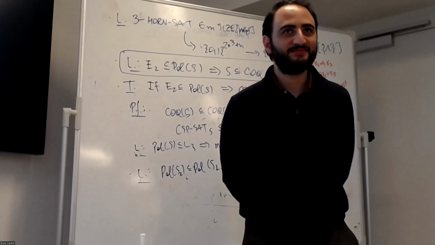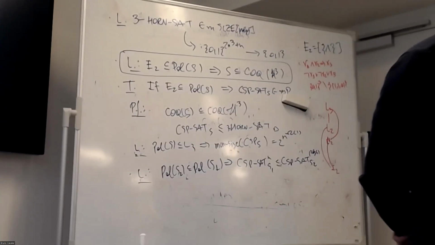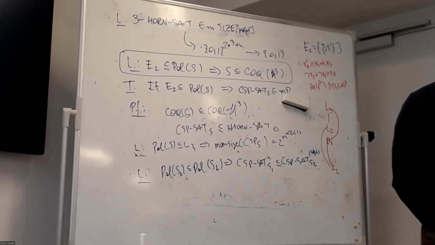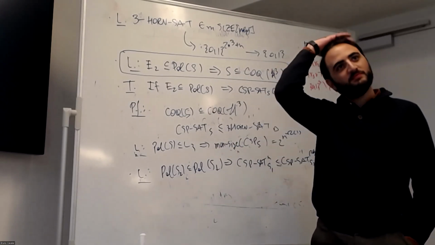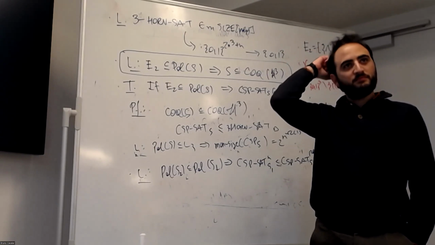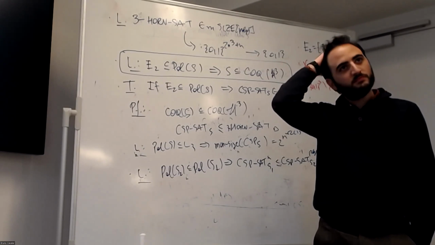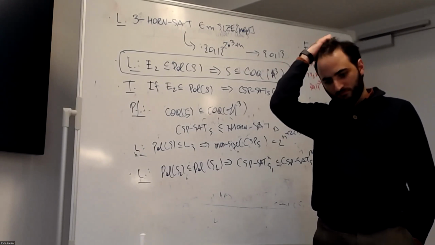Yes. Maybe I should think through this on my own, but if you could help me a bit. I'm thinking of this reduction that you just wrote on the previous board. That is, if the polymorphisms of S1 are in the polymorphisms of S2, then to solve a problem about S1 satisfiability, I can reduce this task to solving the satisfiability of an S2 instance.